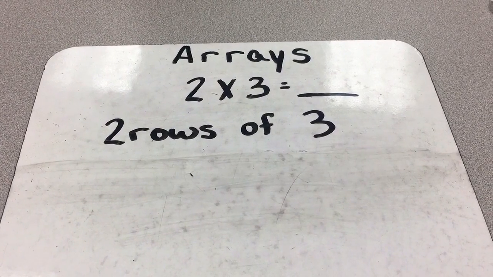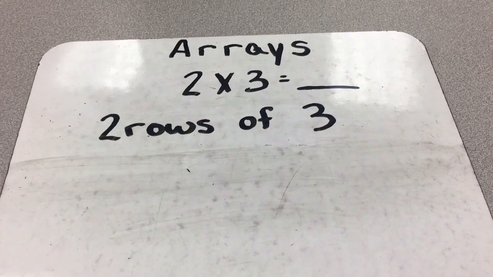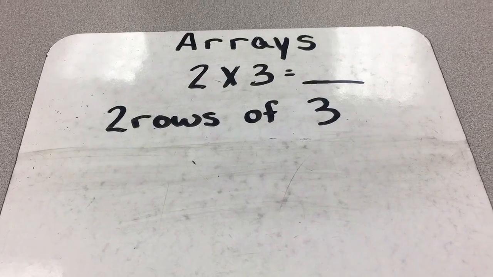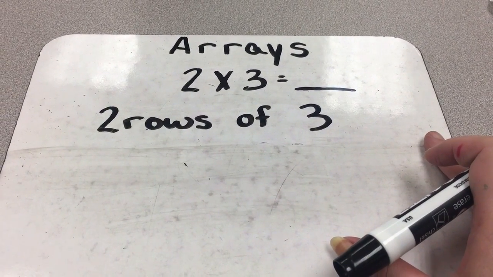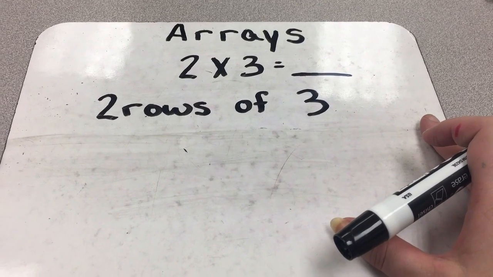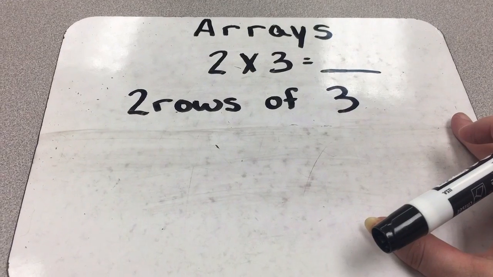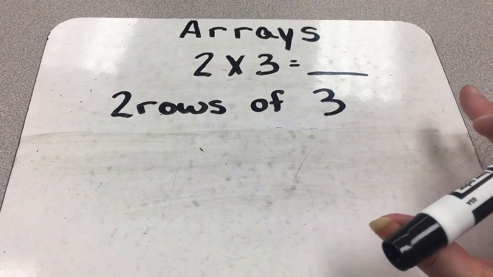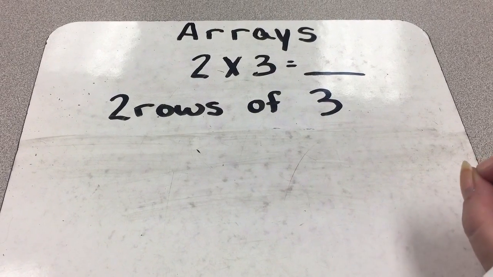The second strategy that we are going to look at is arrays. So for example, in the equation 2 times 3 equals blank, that is the same thing as saying 2 rows of 3. Now, this strategy is better for students who are a little bit more precise and a little bit more exact.